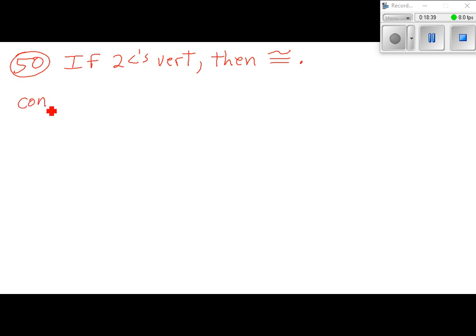We want the converse, the inverse, and the contrapositive. Converse, remember, just switches the hypothesis and the conclusion. This is your hypothesis. That's your conclusion.